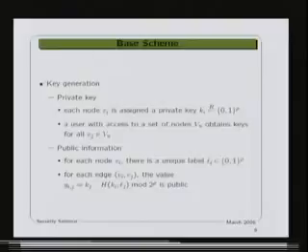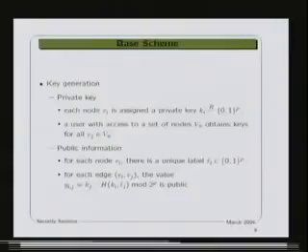And so now I would like to talk about the scheme itself. Here it consists of several parts, one of which is key generation. And to generate the key, we need two major pieces. The one piece is private information that is going to be stored on the user side, and another piece is public information that is going to be publicly stored at the server.